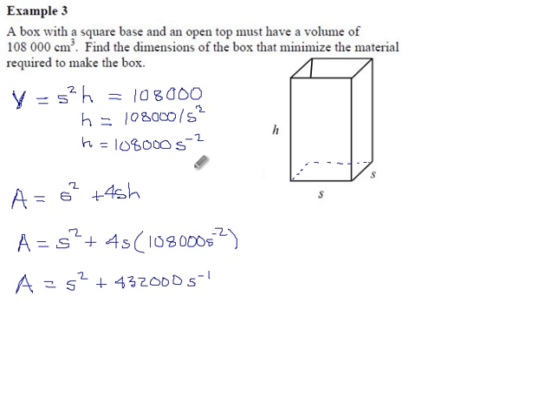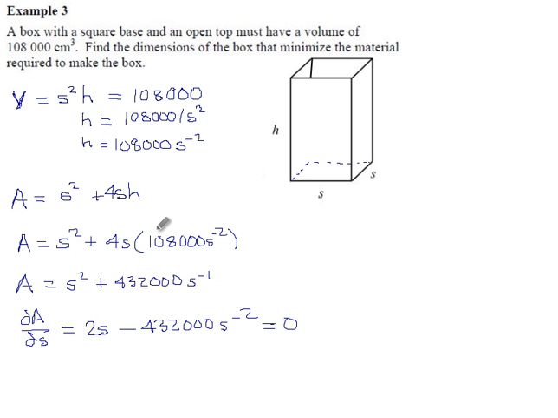For pretty much any optimization problem, even if you're not exactly sure what you're doing, you can count on it that you're going to have to take a derivative and set it equal to 0. So here it comes. dA/dS, or A prime if you like that method, is 2S minus 432,000 S to the minus 2 equals 0.